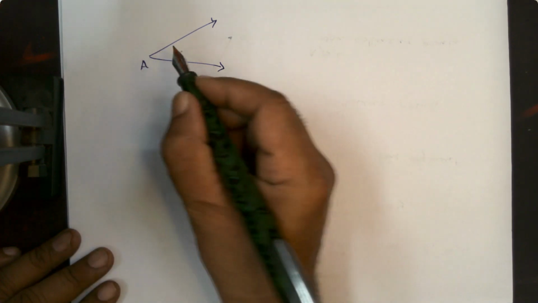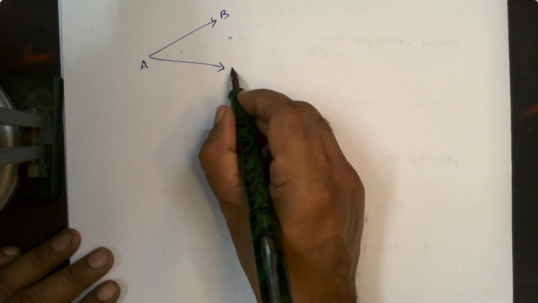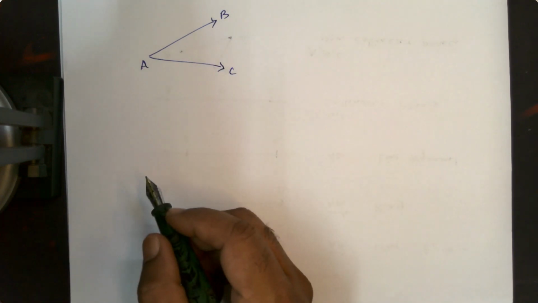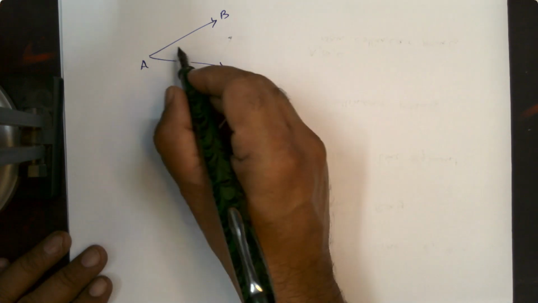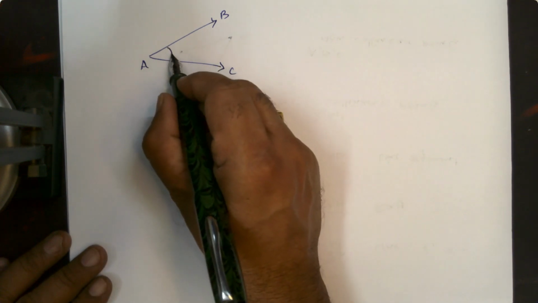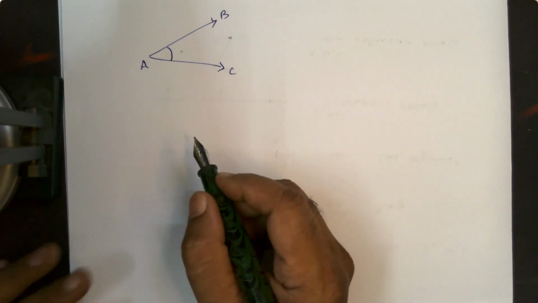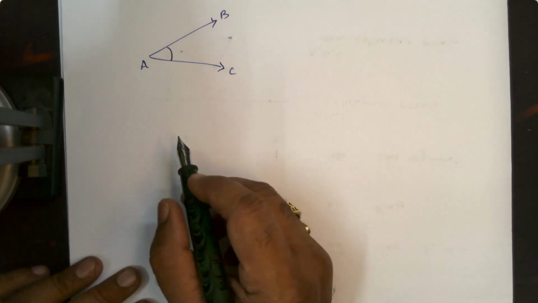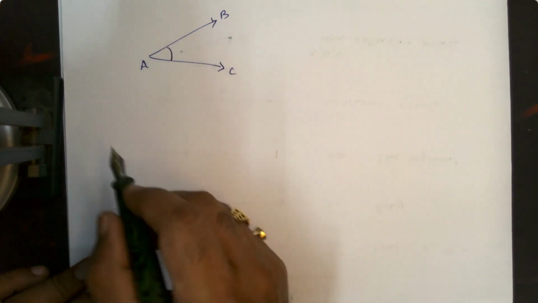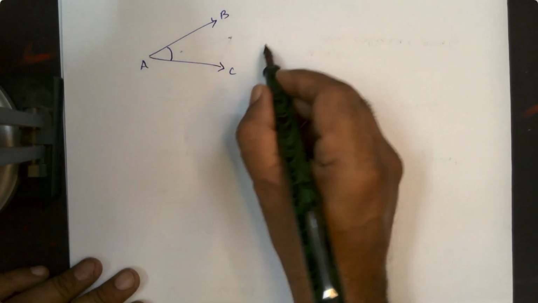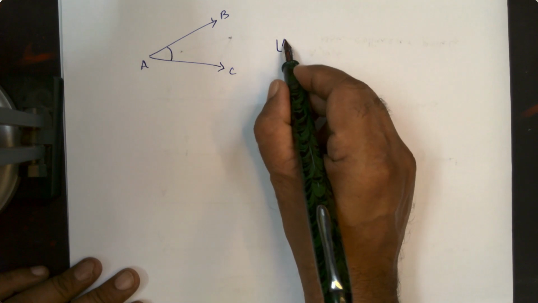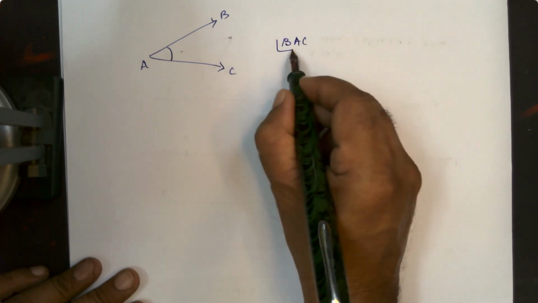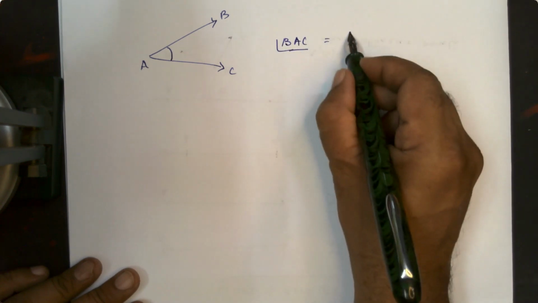Let me call it A. So this is B, this is C. So in such cases, it forms an angle. This angle can be called angle BAC. That is angle.